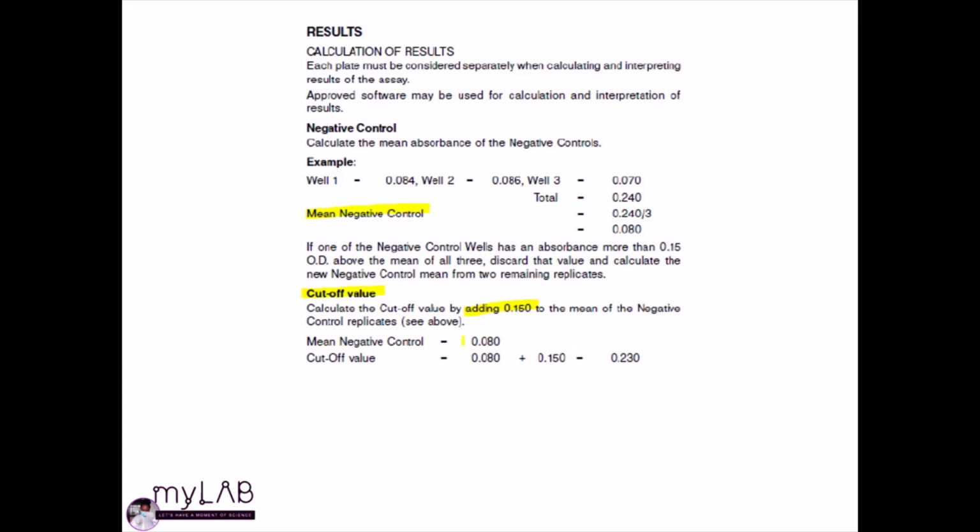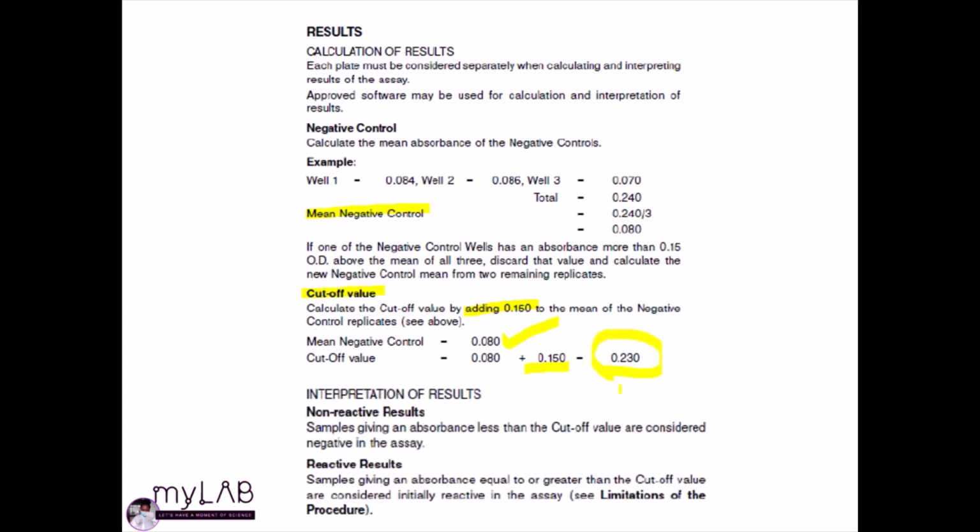For this example, the mean control was 0.080, and they added 0.15, and they got this as the cutoff point. So any non-reactive test is below this cutoff, and any reactive test is equal to or above this cutoff point.